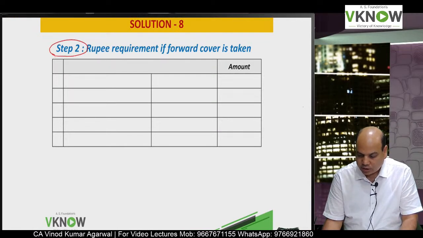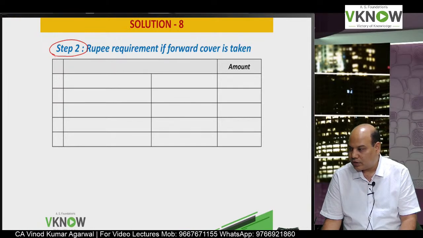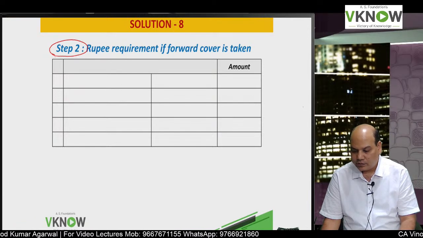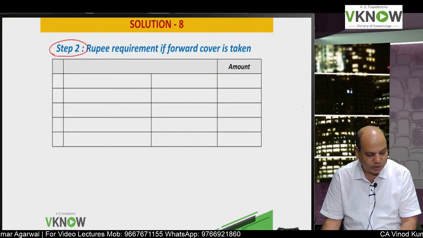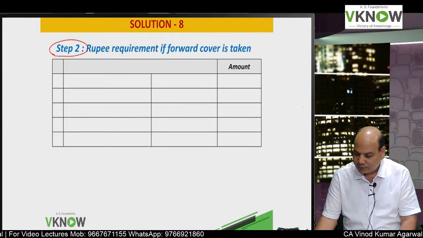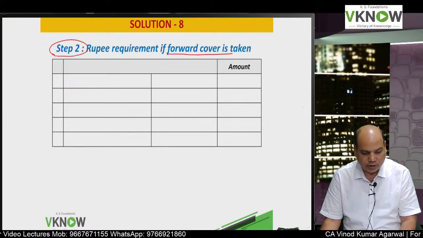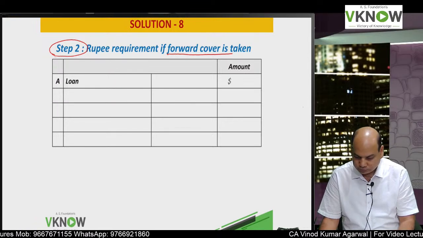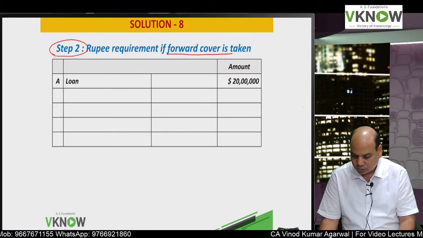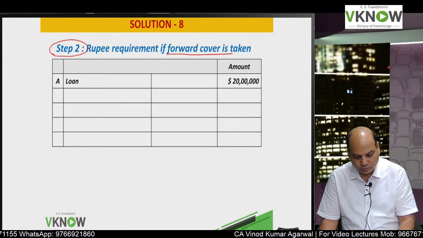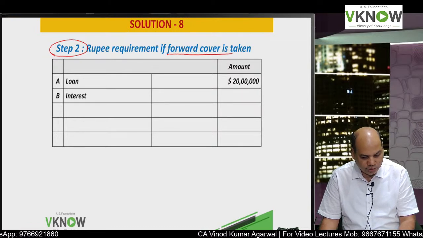Step number 2, write down rupee requirement if forward cover is taken. How much amount do we have to pay in rupees if we take forward cover, if we pay as per the forward cover rate? So first write down loan: $20 lakh. Loan is $20 lakh. 2 million is $20 lakh.